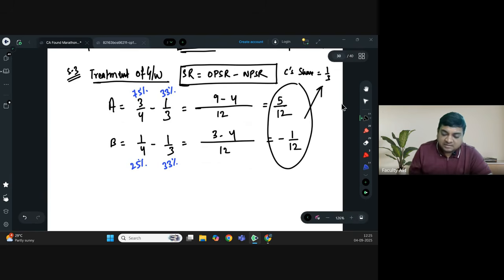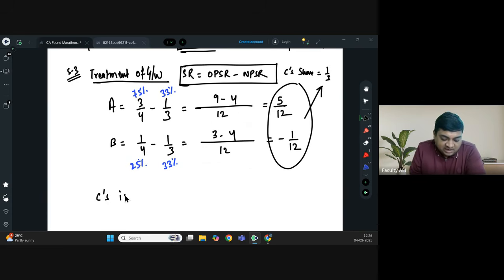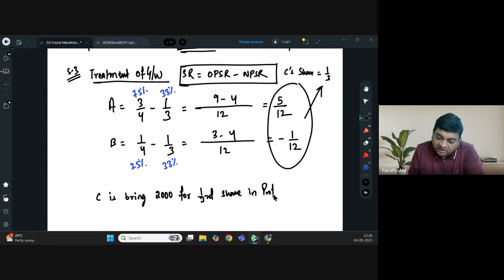It means, try to understand, C is bringing 2,000 for 1/3 sharing profit gain.